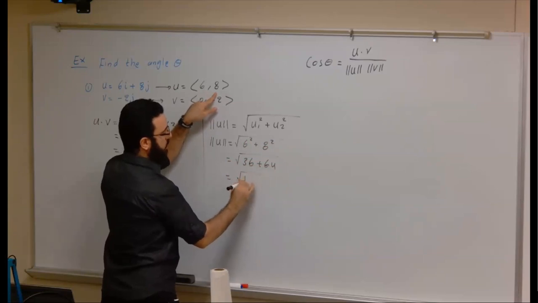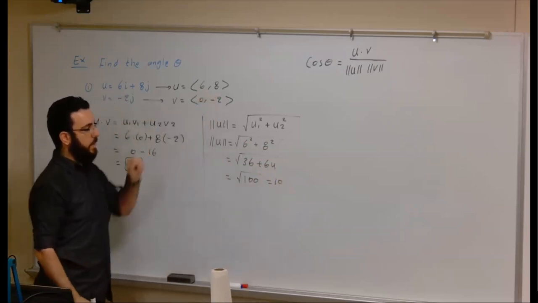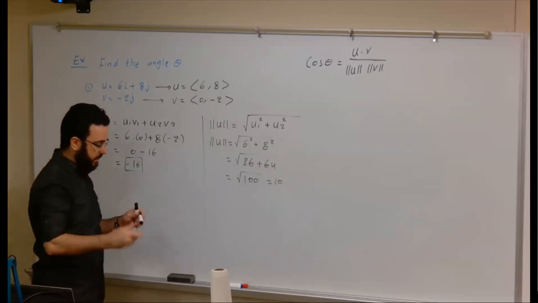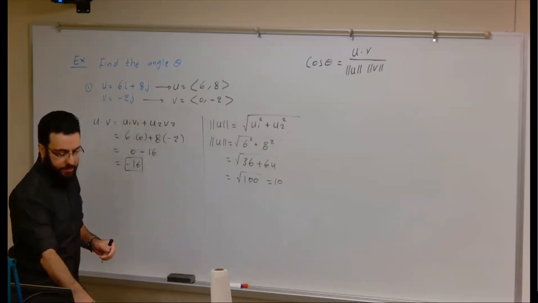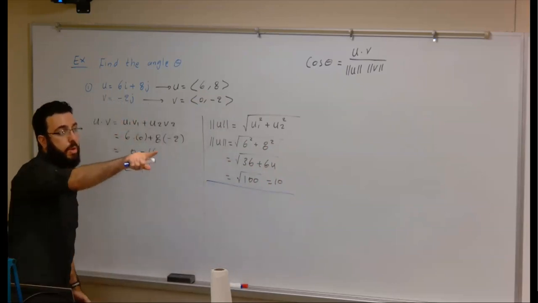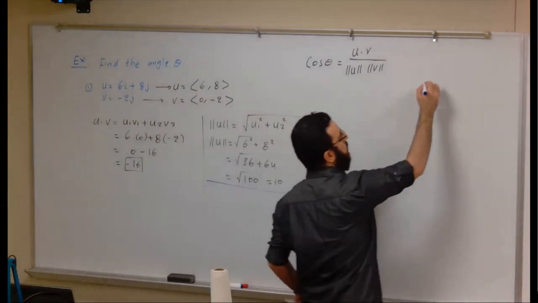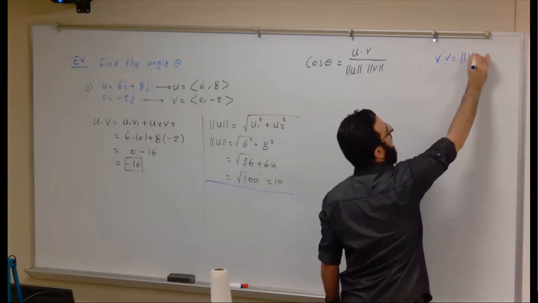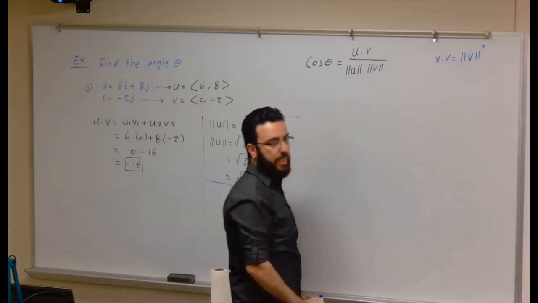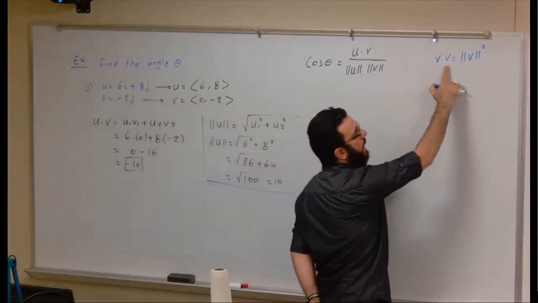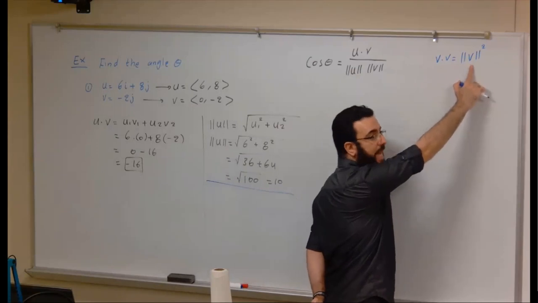Going to be square root of 100, which is equal 10. Yes or no? Remember over there I told you you can do the dot product equal the length squared. Okay? Yes or no? That means if I do the dot product, it's going to be exactly the same thing, the length squared.